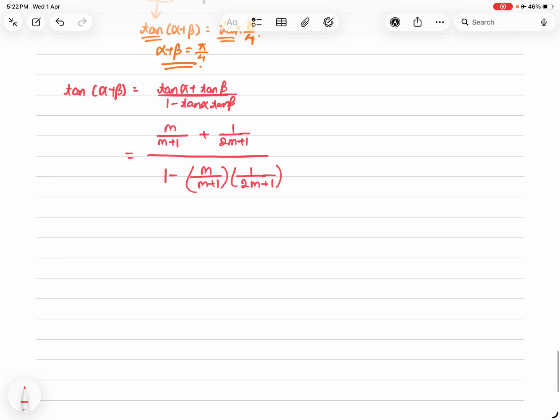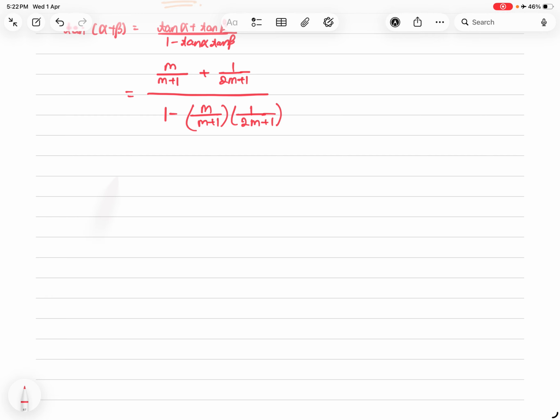Next, let's simplify this. Further, let's go a little lower. Here, if we take LCM, we can write m plus 1 into 2m plus 1. Up top, what's it going to be? It's going to be m into 2m plus 1 plus 1 into m plus 1.